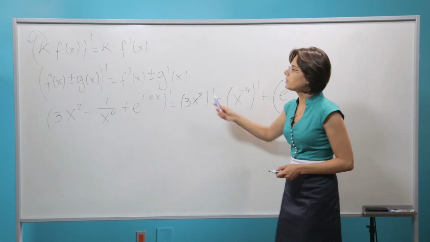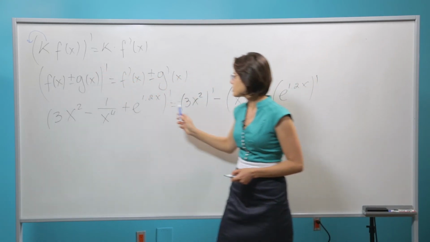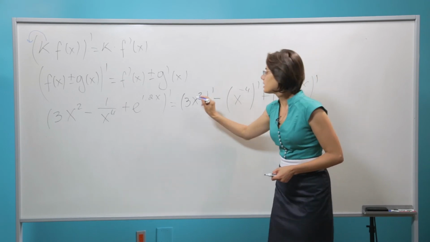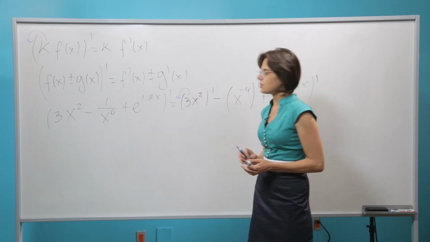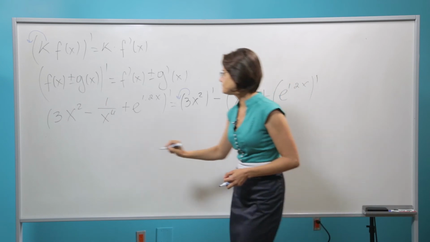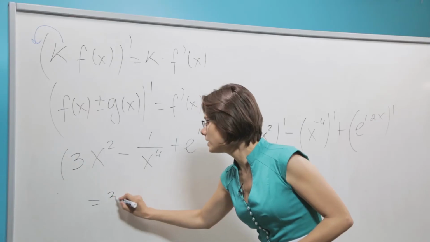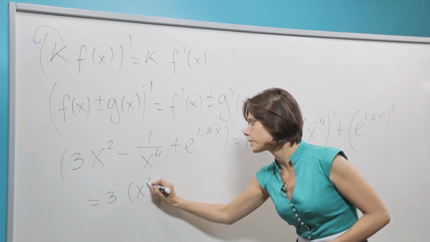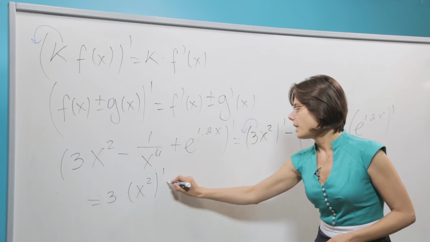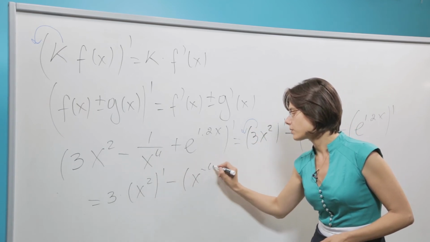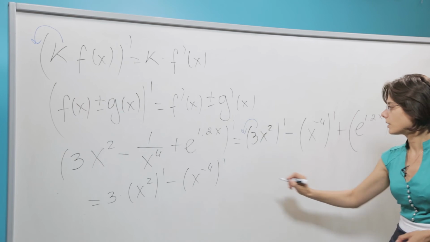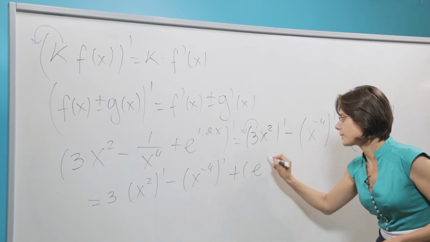Now we use the following formula. I have multiplication by constant here, and I can pull this constant outside of the differentiation. So I will obtain 3 times derivative of x squared minus derivative of x to the power of negative 4 plus derivative of exponential function.